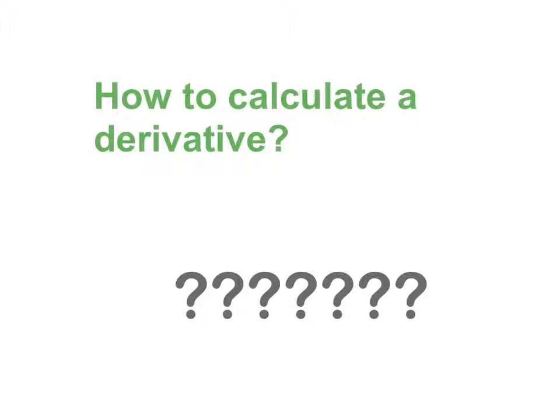Well, how do we calculate a derivative? A derivative is a tangent line to a function. So you have to calculate the slope of that function, and the line is only touching at an exact point.